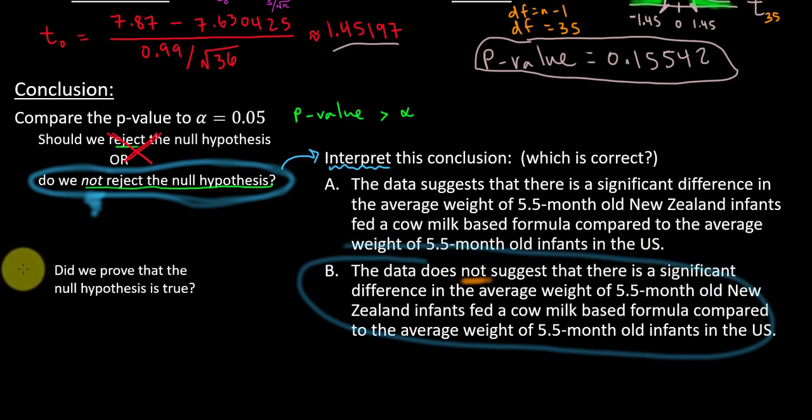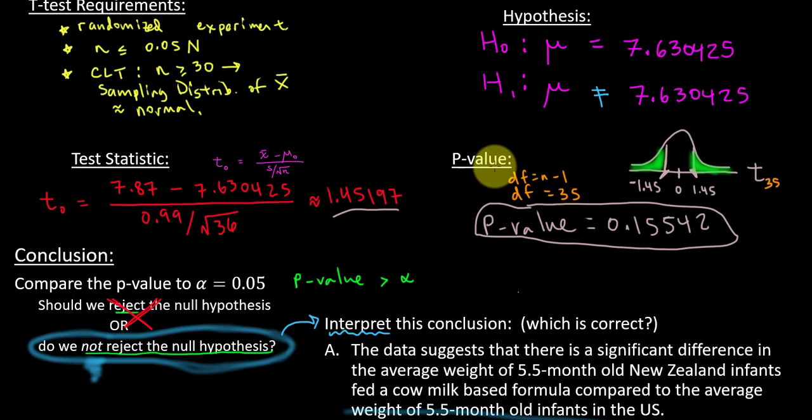I got a follow-up question for you. Did we just prove that the null hypothesis is true? Let's see. We just said the data does not suggest a difference. Not a difference. Doesn't that mean that they're the same?